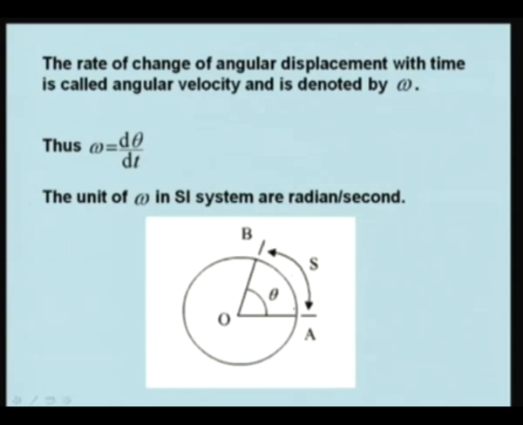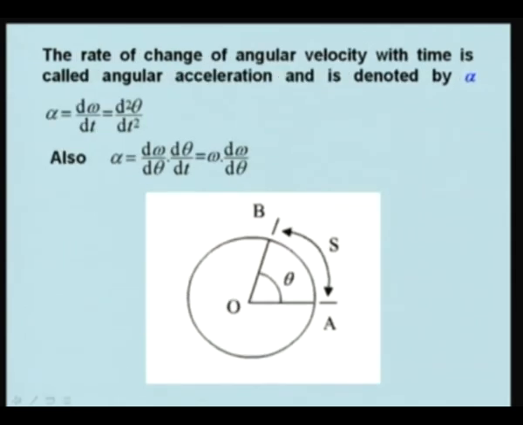The rate of change of angular velocity with time is called angular acceleration and is denoted by alpha. Alpha is equal to d omega by dt. Its units are radian per second square, or it is the same thing as d square theta by dt square. You have to take the double derivative.